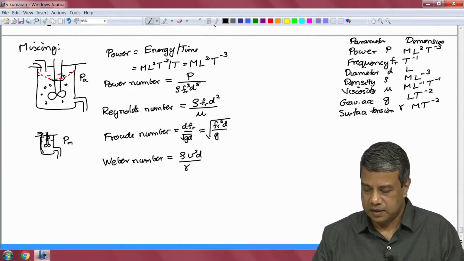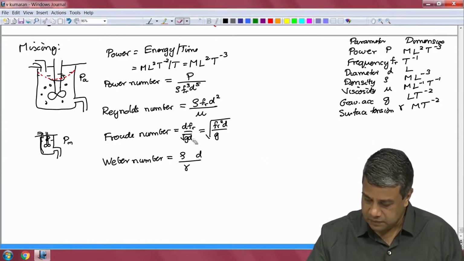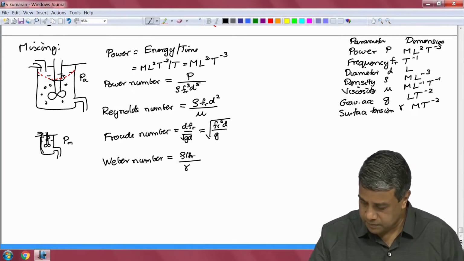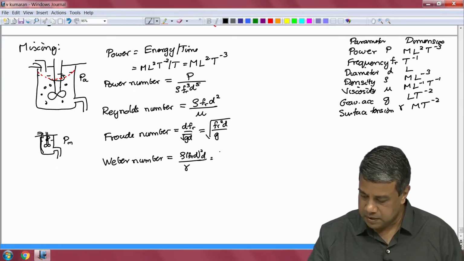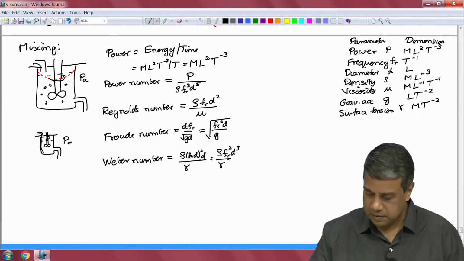And for this v, we will write the frequency times the diameter, which is rho the rotational frequency square d cubed by gamma.